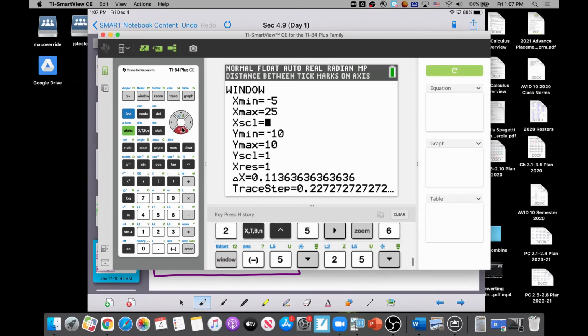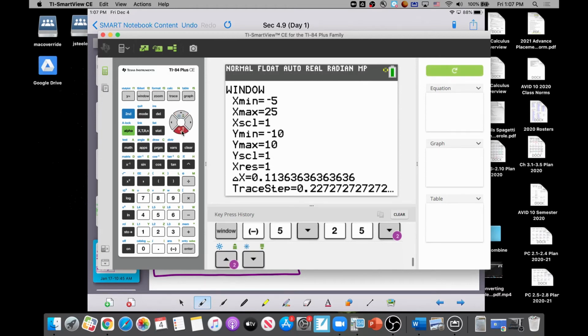Oh goodness, sorry, that's what I wanted for my y's. My apologies. So I'm going to put -5 here and 25 here for my y's. Then I'll go back up to my x's, and I think I can just do -5 to 5 on the x-axis, because it wasn't very wide. Okay, now let's take a look at what we have.